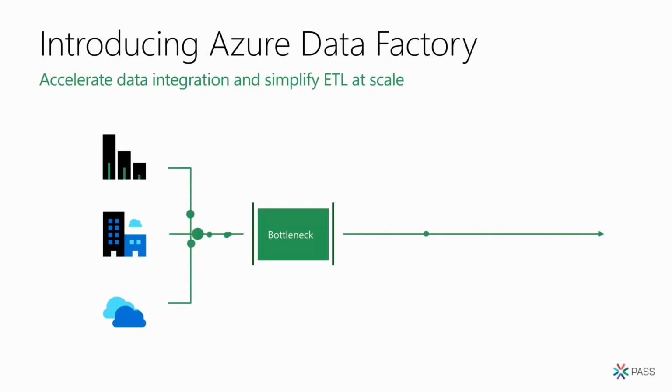Now, you might have data from just one single application, but you probably have data from multiple applications, multiple types of data, and you need to be able to analyze that data. And in order to do that, what you have to do is find a way to combine that data, put it into a format that you can actually use, and then get that data out to the consumer of it, whatever that consumer might be.